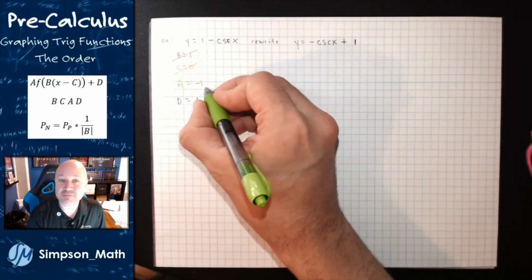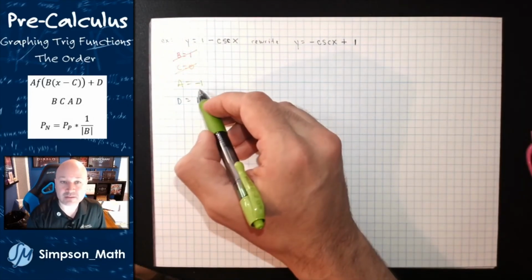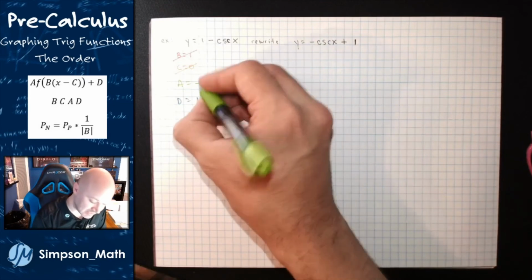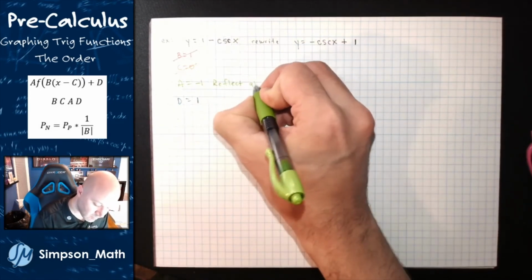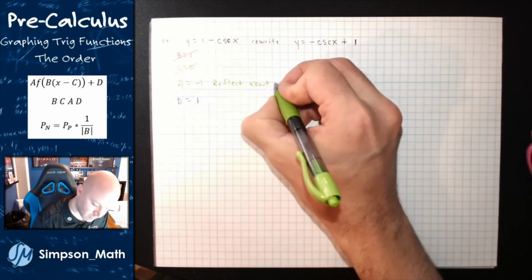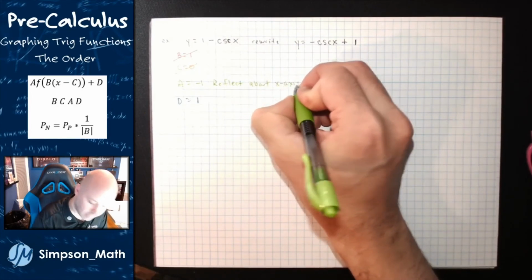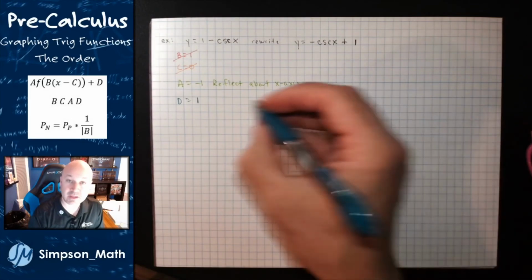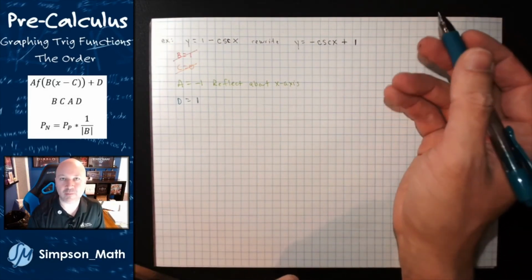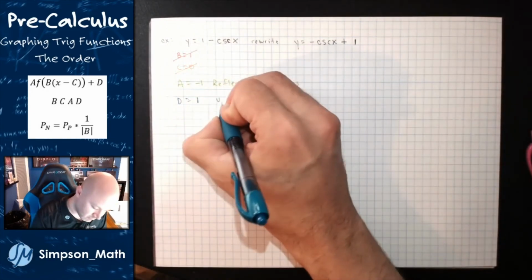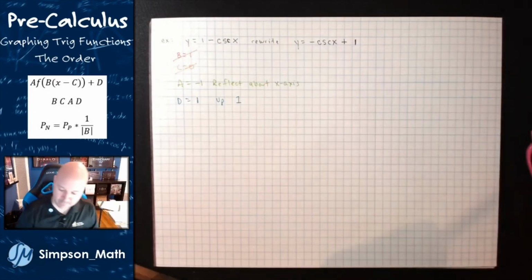Well, a just means I need to reflect about the x-axis because it's negative. D plus 1, that's the easy translation. I'll move everything up 1.